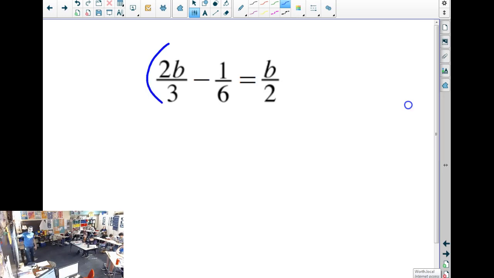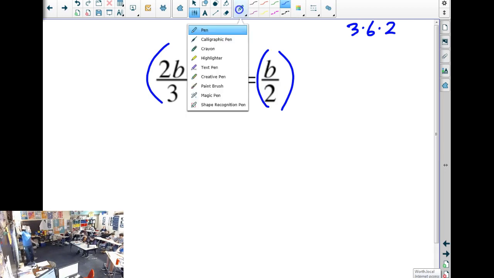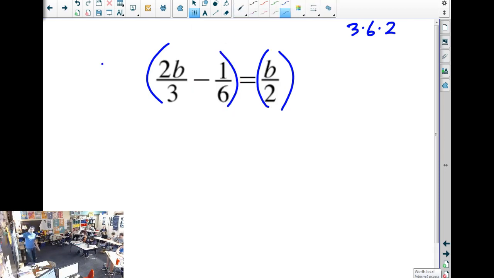We can do that all together by thinking, what is 3 times 6 times 2? All of the denominators put together. Well, that's 12 times 3, 36, right? So if we multiply by 36, that is the product of all of the denominators.